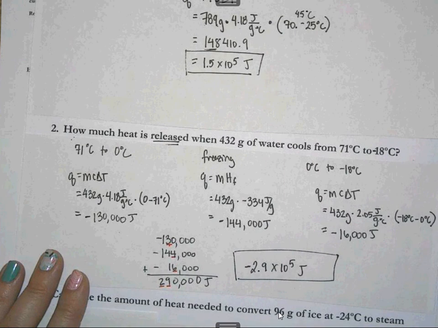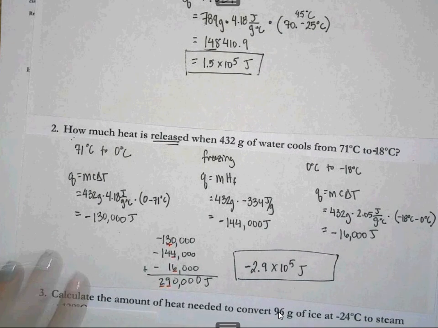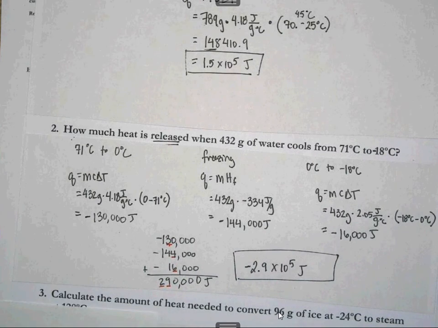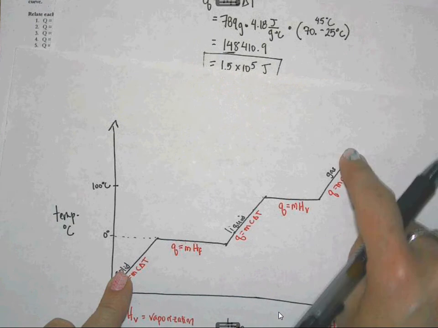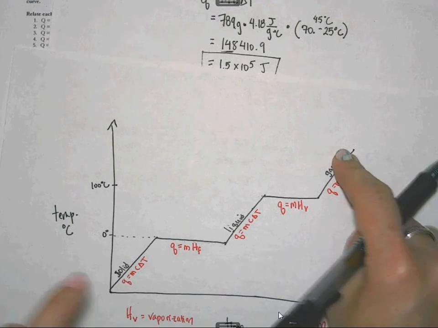This one, same deal. I've got 432 grams. Now, what state is it from 0 to minus 18? It's a solid, right? So I'm going to have to use the C value for ice, which is 2.05 joules over gram degree Celsius.